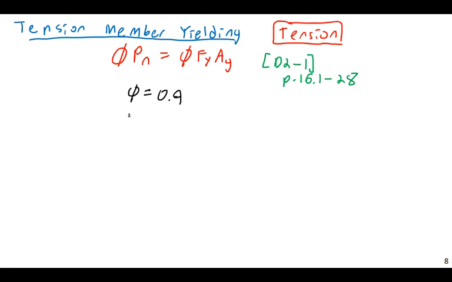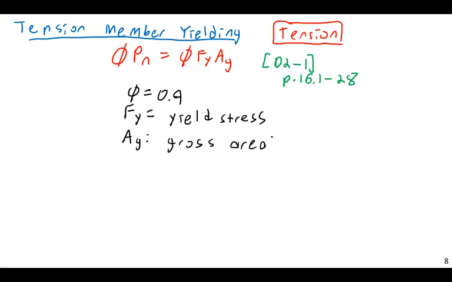Okay, then Fy is going to be your yield stress. And A sub G is your gross cross-sectional area. Gross meaning the opposite of net. So it is the total cross-sectional area.